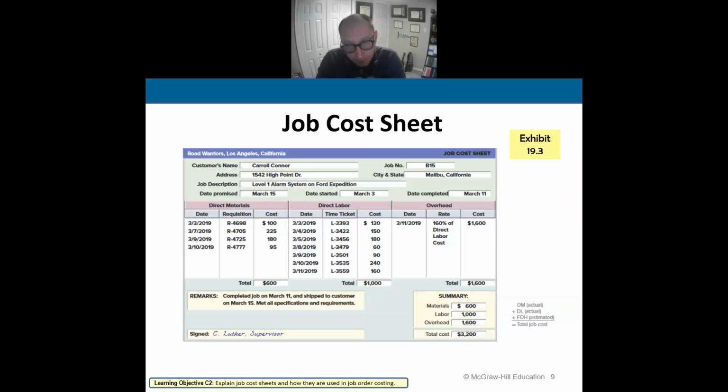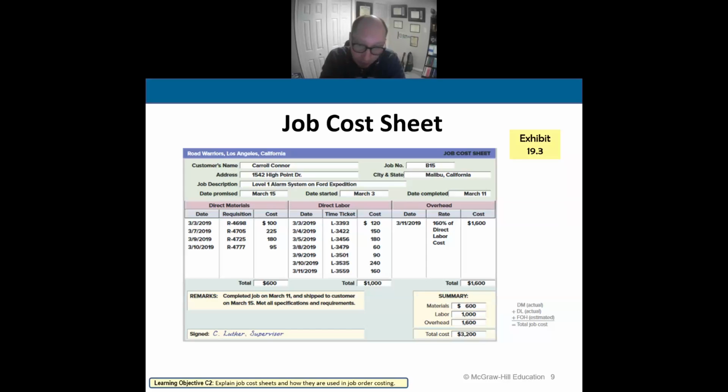Well, that may not always be the most accurate. Some companies might use, which is way more accurate, the activity-based costing method to apply factory overhead. That's more exact. We'll talk more about applications of overhead in a future discussion. But I just want you to understand that overhead is not always treated the same way for all companies.